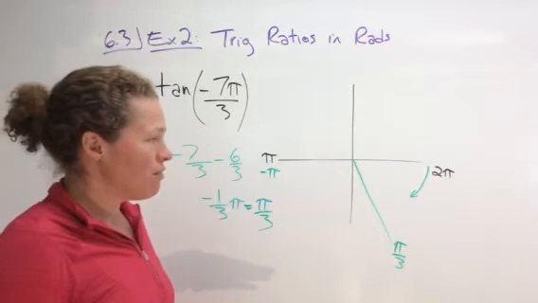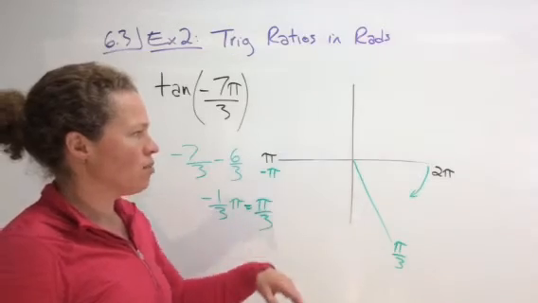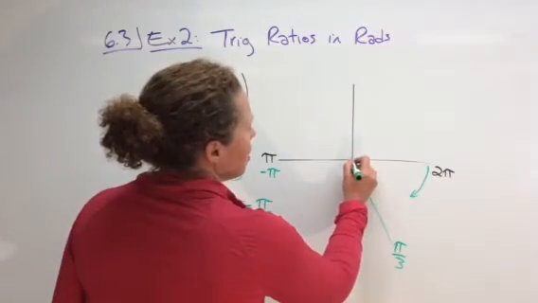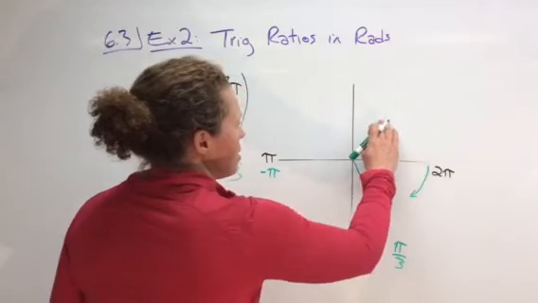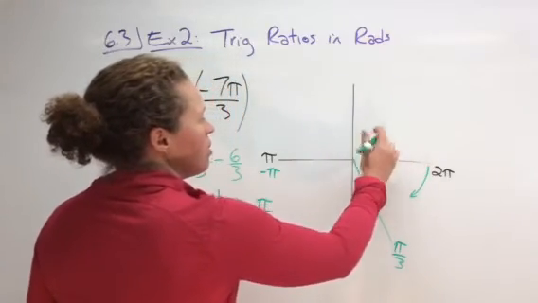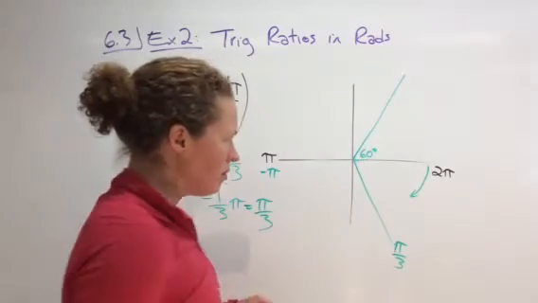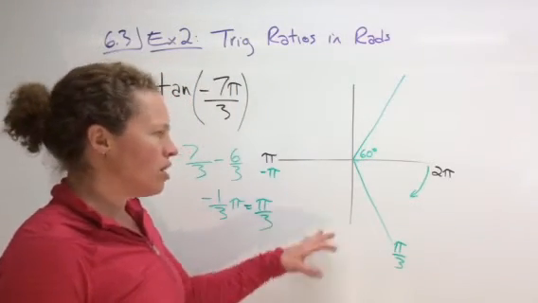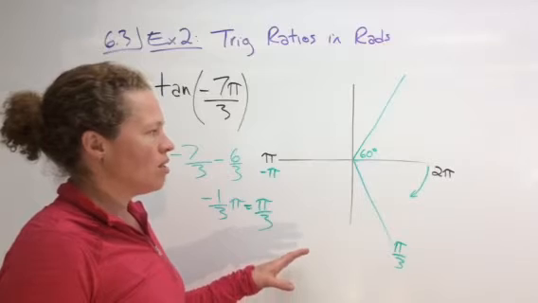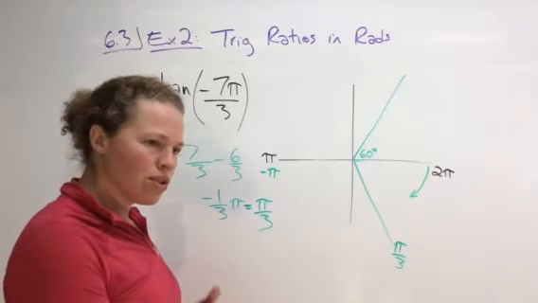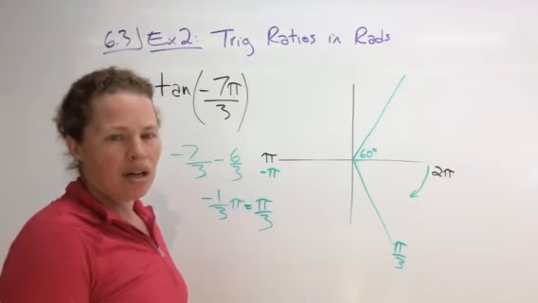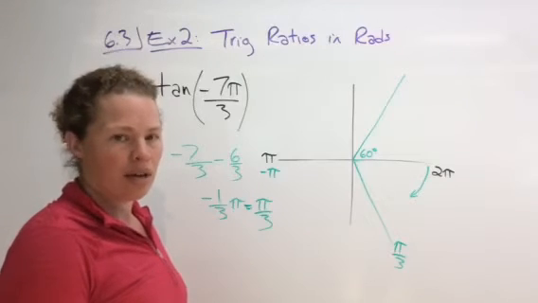So if we were just looking at this as a reference angle, then we could equate it to 60 degrees as a reference angle. And I'm not encouraging you to continue to keep thinking in degrees, but when we first start transitioning over to radians, I think it's not an unwise idea to do that.